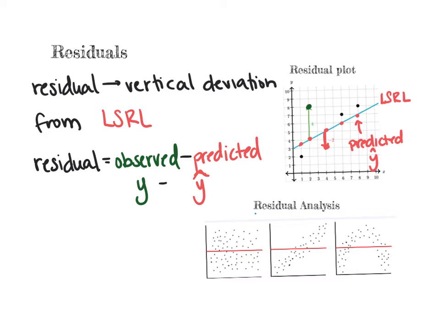And so now, if it's a positive residual, which means that it's sitting above, positive residuals mean that the least squares regression line itself was an underestimate. So if we get a positive residual, that means the least squares regression line underestimated, because it came underneath this value like this.